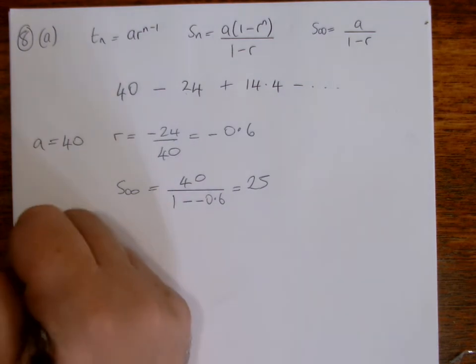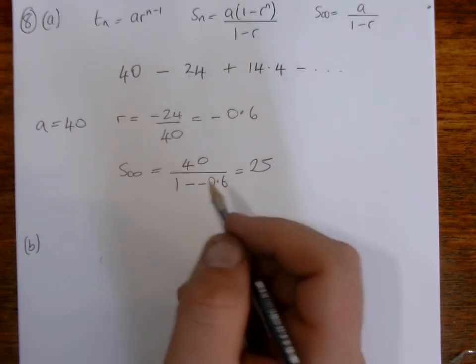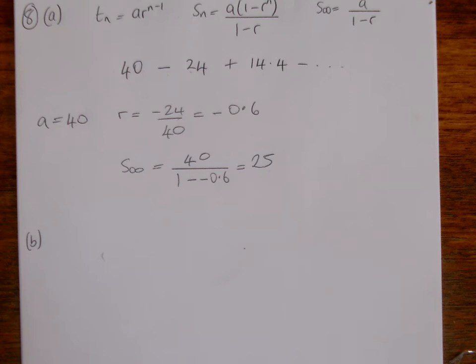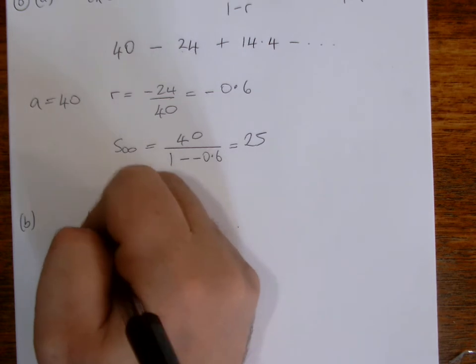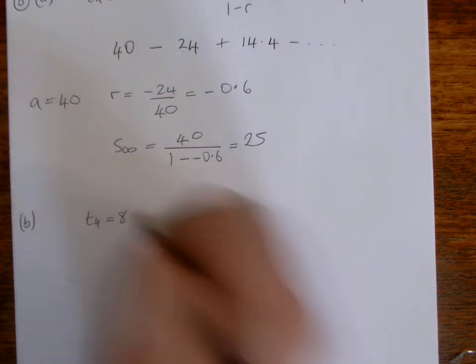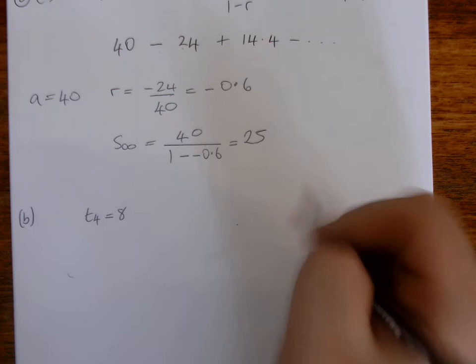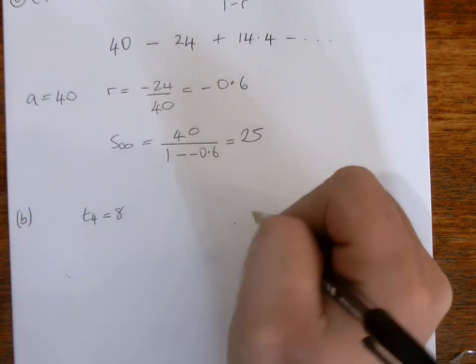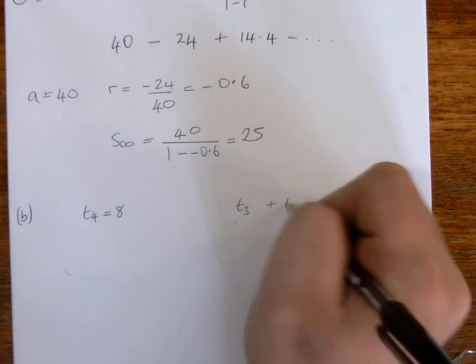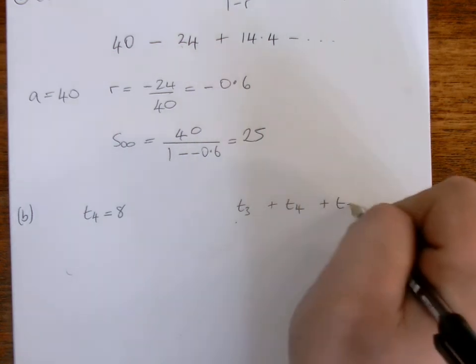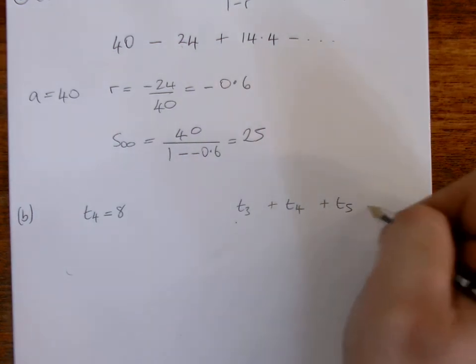Okay, so B is a little bit of a tricky one, but if you persevere with it, you'll get there. First of all, they tell you that T4 is equal to 8, so the fourth term is equal to 8, and then they say that the third term, the fourth term and the fifth term add together to give 28.